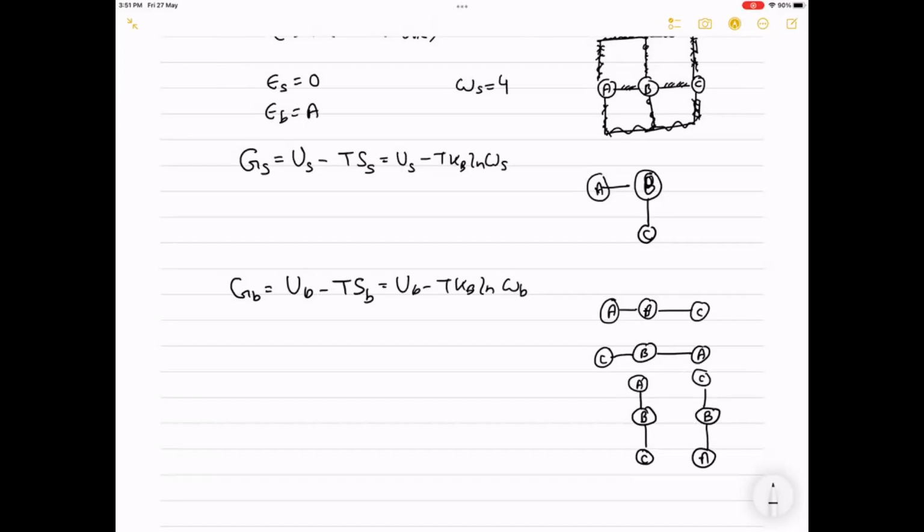However, for the bent configuration, how many bent configurations are possible? Those who know how many bent microscopic states are possible, please raise your hand and I will ask.